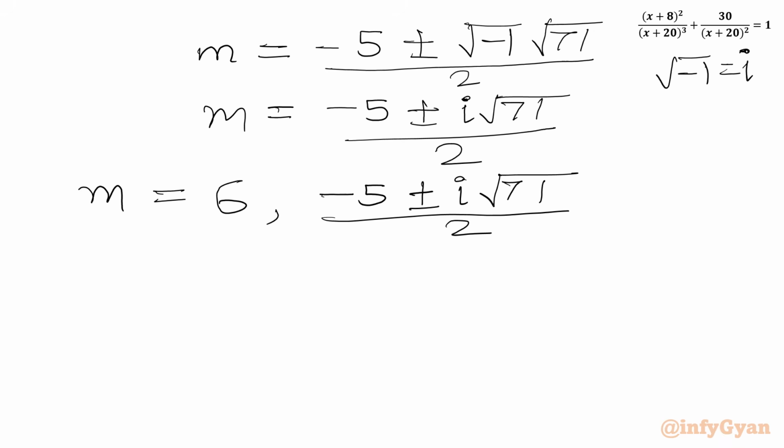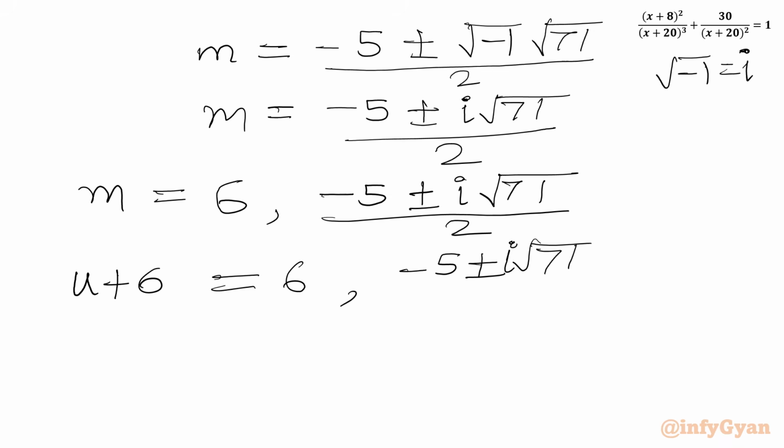Now m was our substitution, u plus 6. I will write u plus 6 equal to 6 and minus 5 plus minus i times square root 71 over 2. To find the value of u, we need to subtract 6 from both sides. From the left side we cancel plus and minus 6, leaving u only.